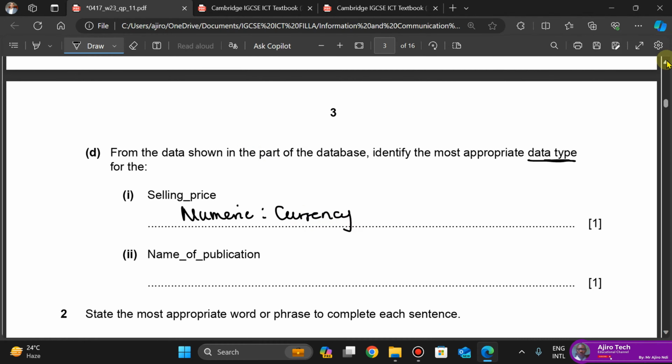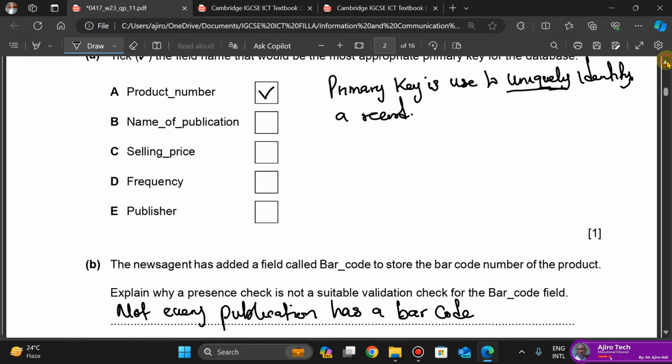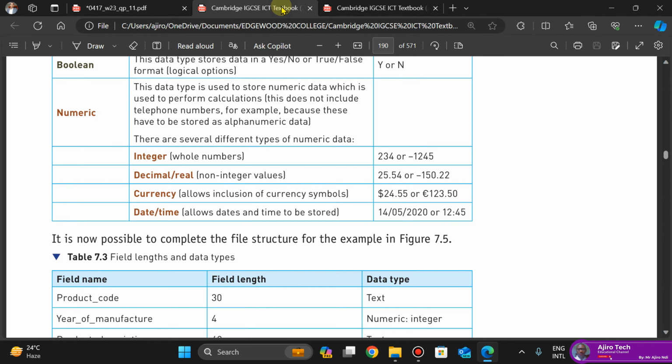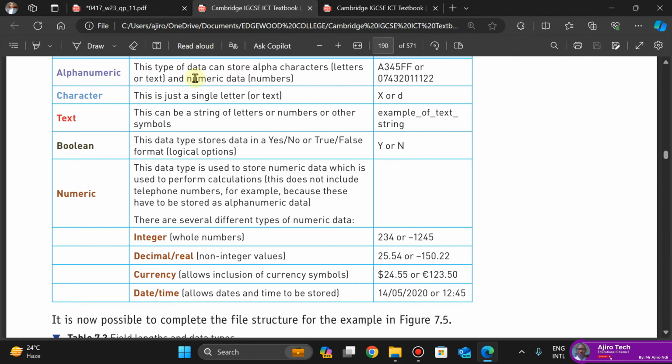Name of publication. Let's look at name of publication. The data type becomes text. It can also be alphanumeric. You see here that alphanumeric can store characters, which is text, and numeric data.